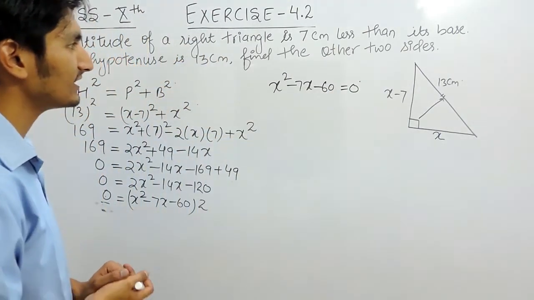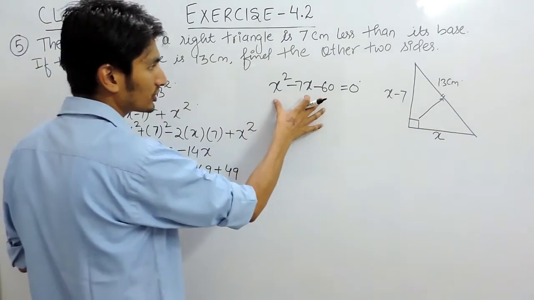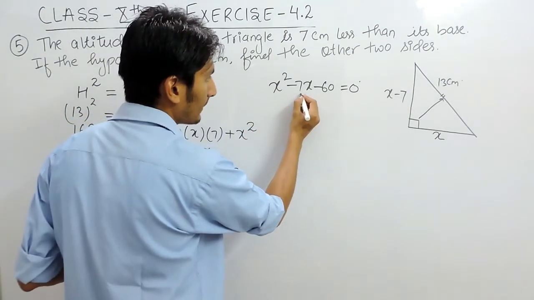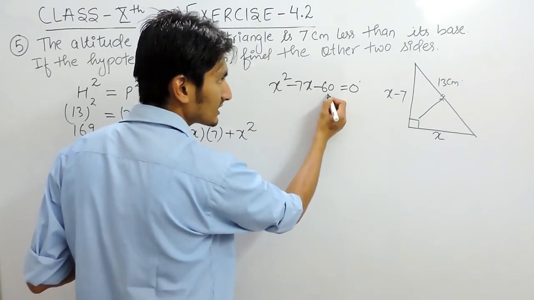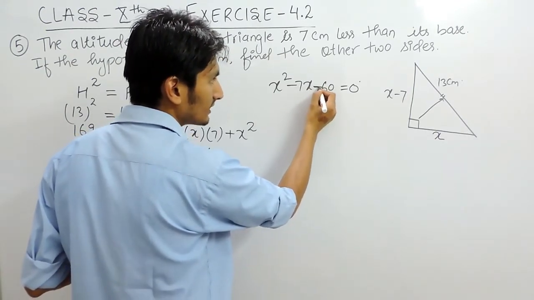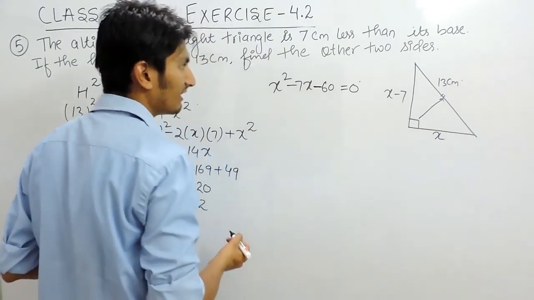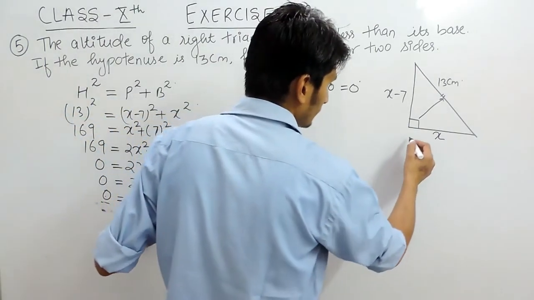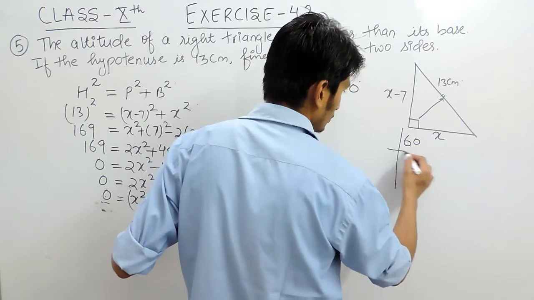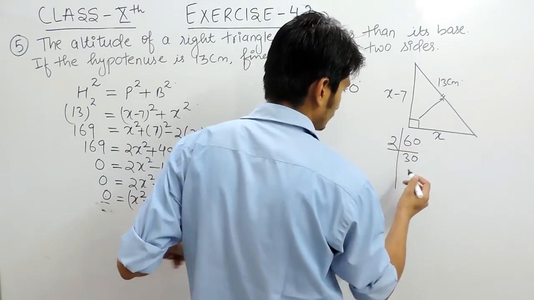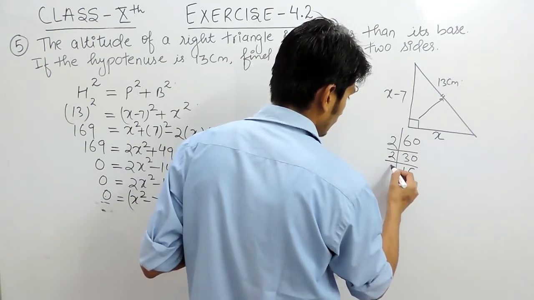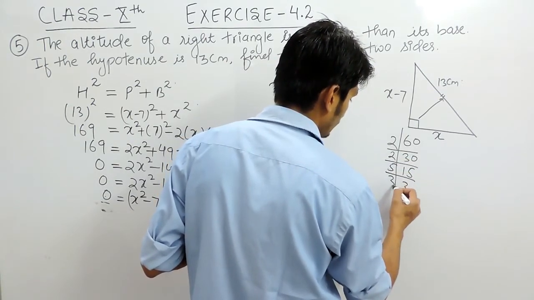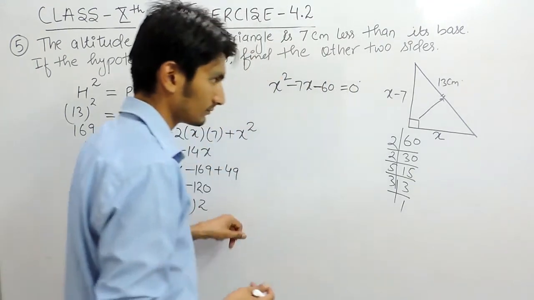Now again you have to factorize it. We have the quadratic equation. For that you have to split 7 into 2 parts such that those numbers when multiplied will give 60 and when the subtraction of those numbers is 7. For that you can factorize 60. So this is 2 into 30 and 2 into 15, 5 into 3 and 3 into 1.